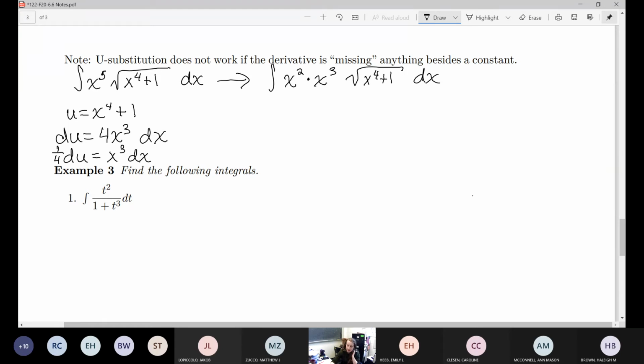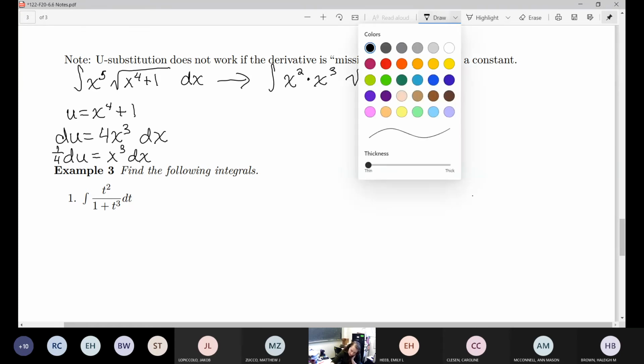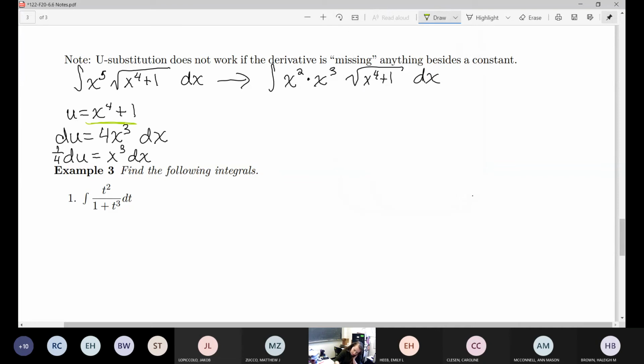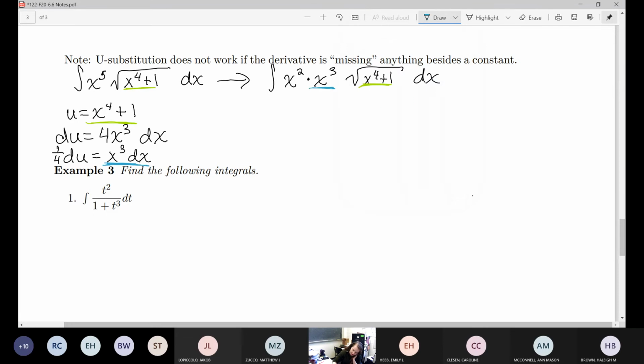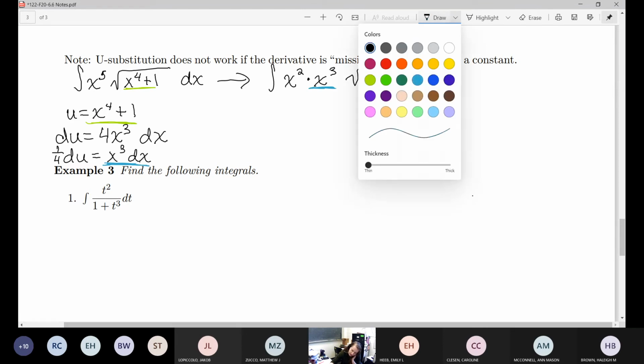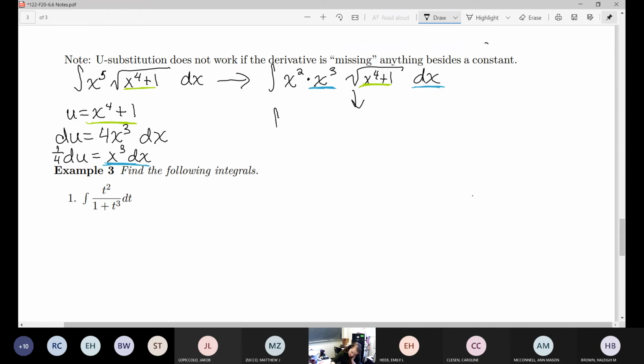But essentially, if we were to try to do this, so we have our u, so we can replace the u with the thing underneath of the square root. And then we could take this x cubed dx and replace it. But if I start replacing things here, I get the integral of x squared square root of u 1/4 du.